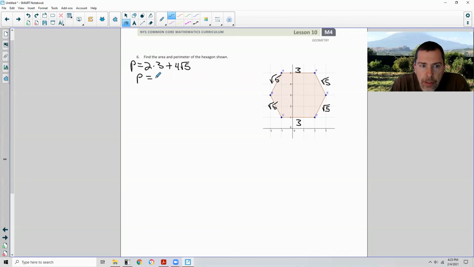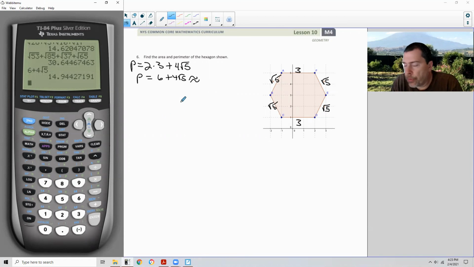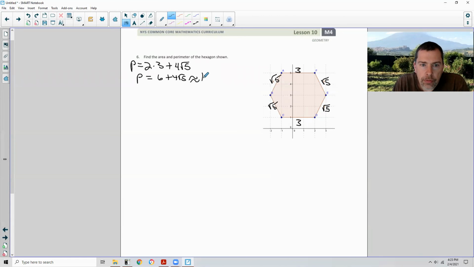In other words, the perimeter is 6 plus 4 square root 5, which is approximately 14.94 units. Okay, there's the perimeter. I'm going to erase these just for the next problem.